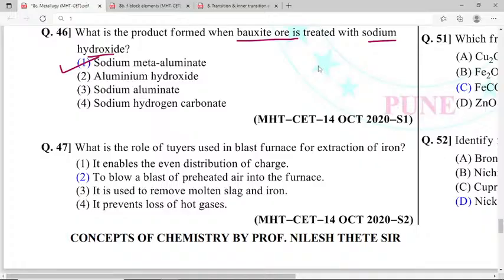Sodium meta-aluminate, NaAlO2. What is the role of tuyeres used in blast furnace for extraction of iron? To blow a blast of preheated air into the furnace. IMP question 2026.